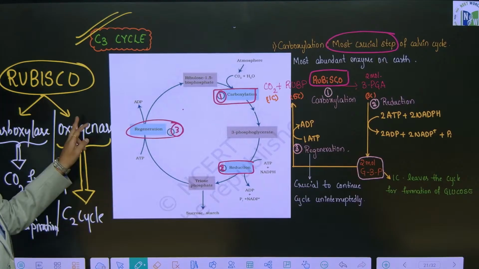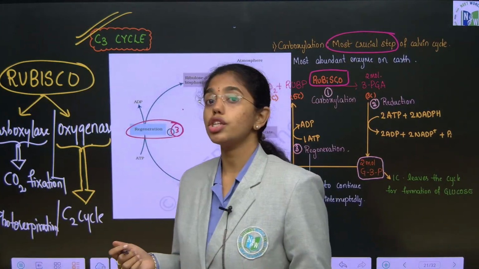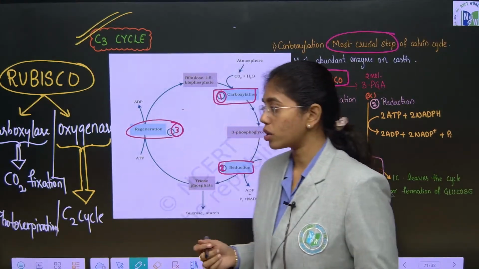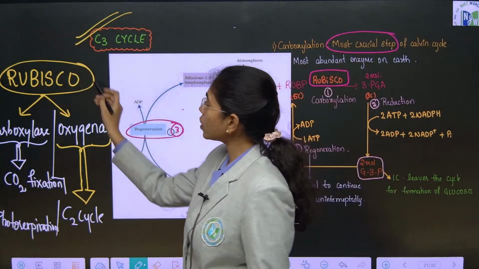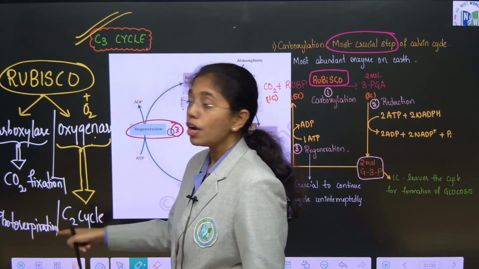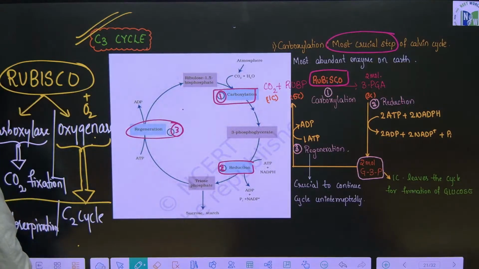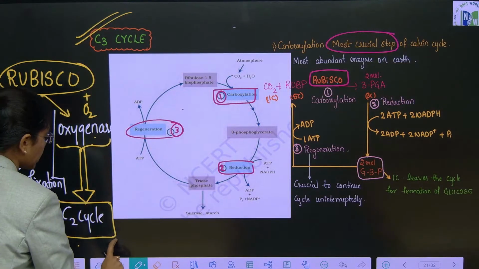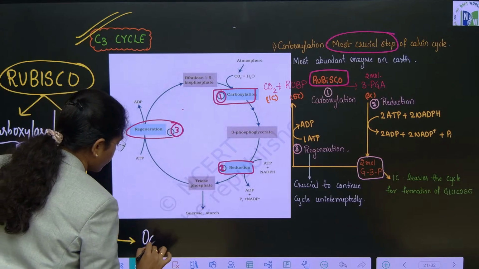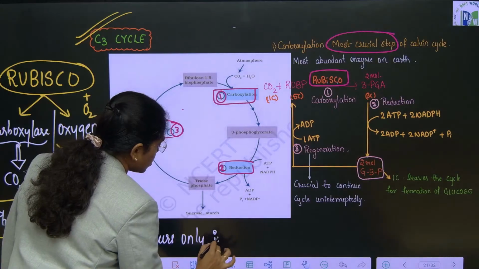When does Rubisco perform oxygenase activity? Whenever the oxygen concentration is more when compared to carbon dioxide, then Rubisco binds with oxygen and performs oxygenase activity, photorespiration occurs. Photorespiration or C2 cycle occurs only in the C3 plants.